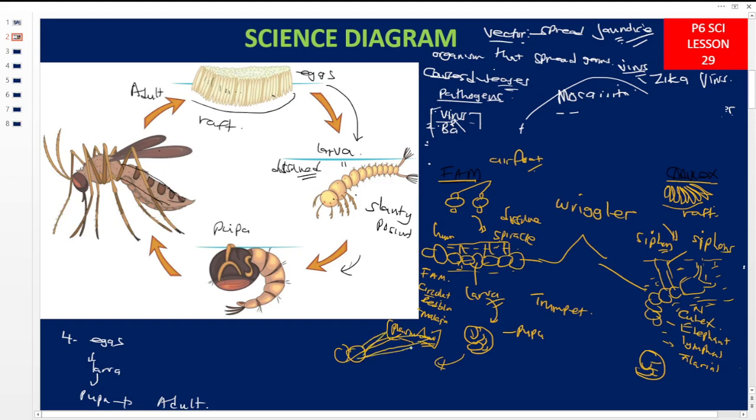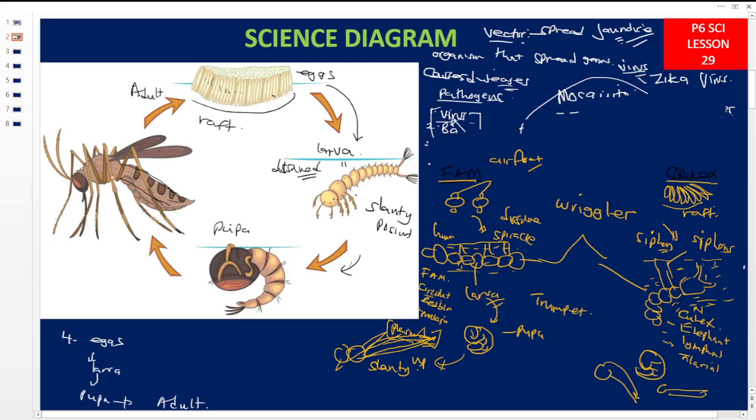Now its abdomen is going to be pointing upwards in the resting position. Like if it was flat like this, then when it is an adult, the abdomen is going to be pointing upwards. So it's going to be in a slanted position upwards. Then here its abdomen is going to be down, or flat on the ground.